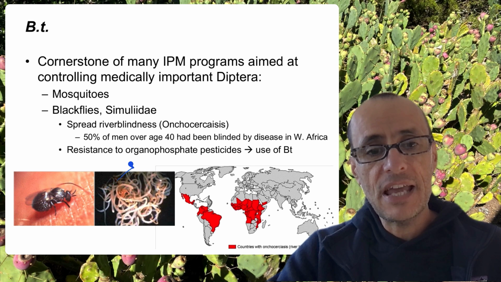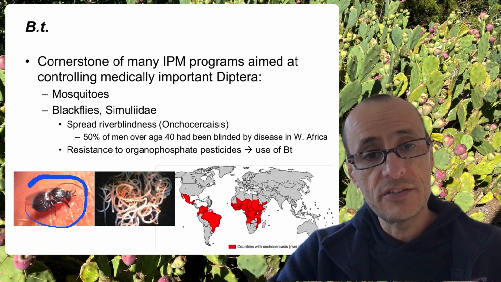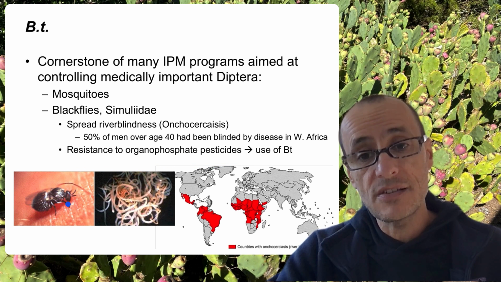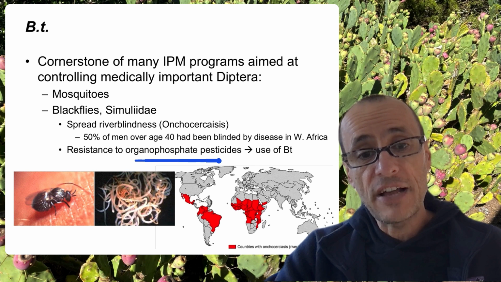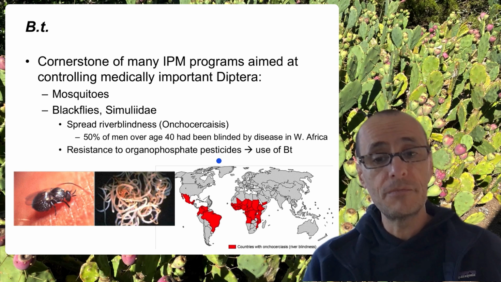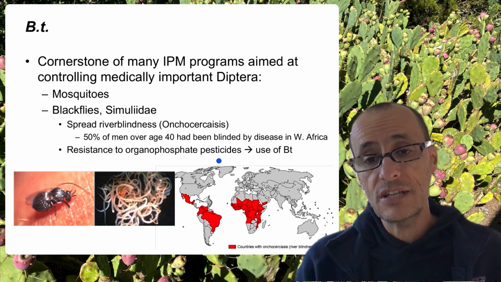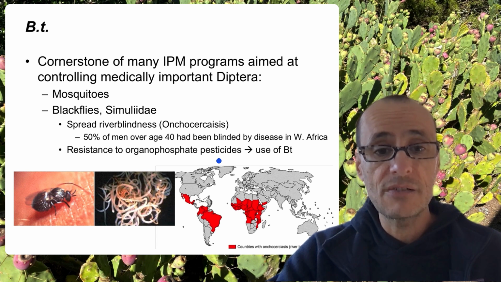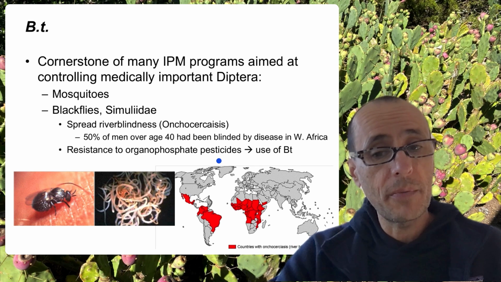The flies, these simuliids, are what actually spread the worms. And the flies became resistant to organophosphate pesticides, and the transition to BT toxins actually has been really successful at suppressing these populations in tropical parts of the world.